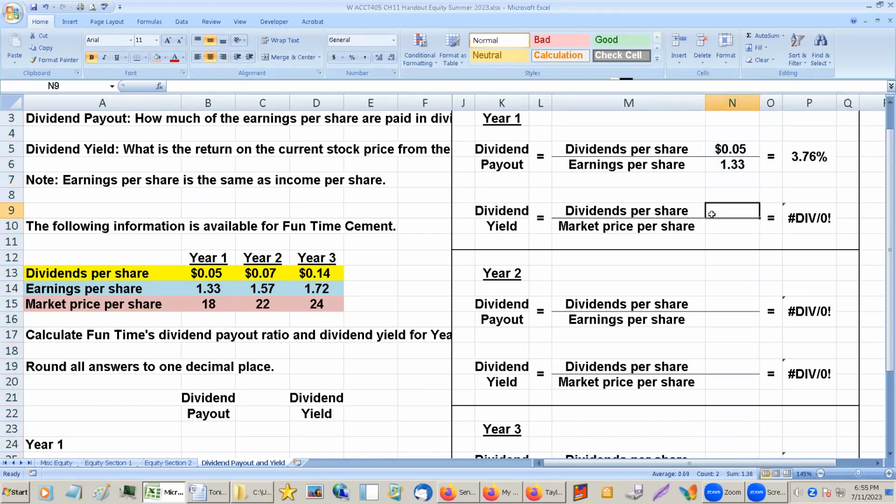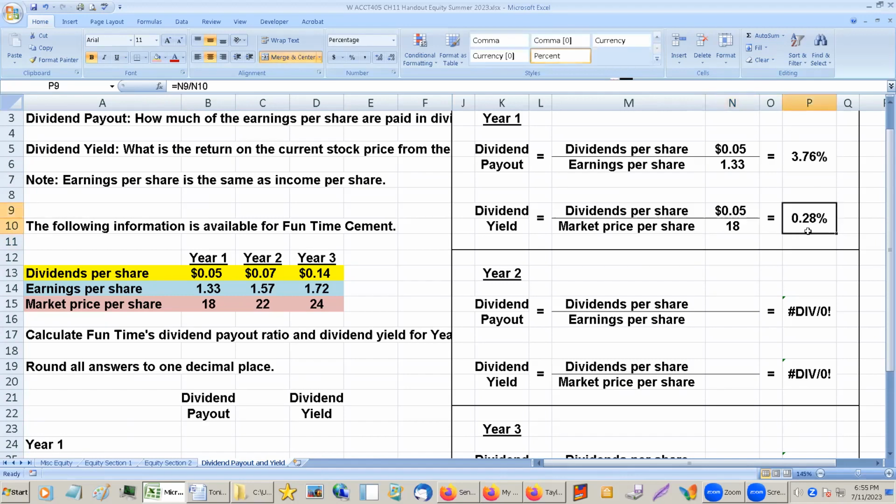Now you might say, okay, how much are we actually making on the stock price? Because the dividends are the cash coming in, and the market price is what the market is saying the stock is worth.